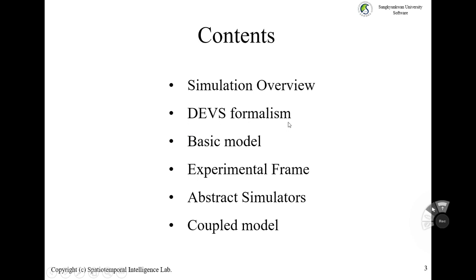So once we understand this formalism, we just have to follow the guidelines within this formalism so that writing programs for the simulation software can be easy. And atomic model is one of the simulation model types.